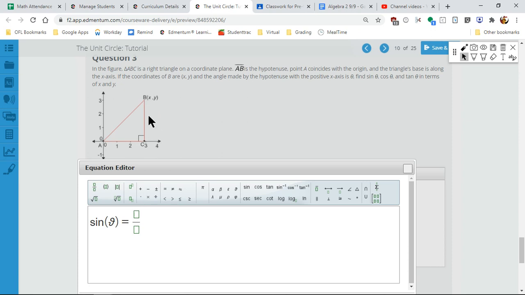Is it x or y? All right, so here's our angle. What's opposite of this? Y. Yeah. And we don't know what our hypotenuse is, so I'm just going to call it h.